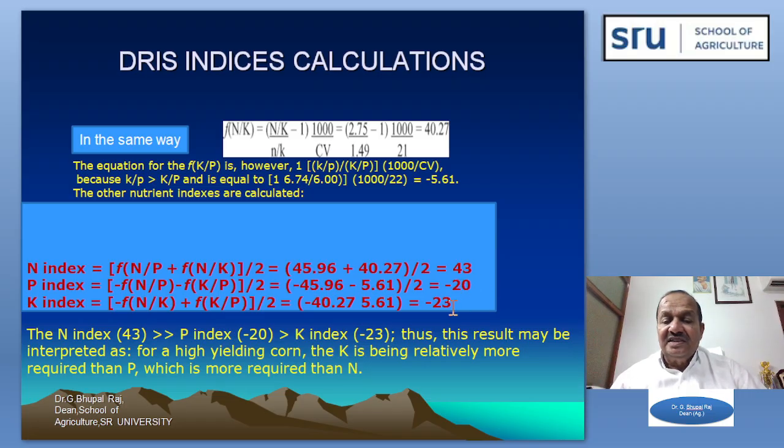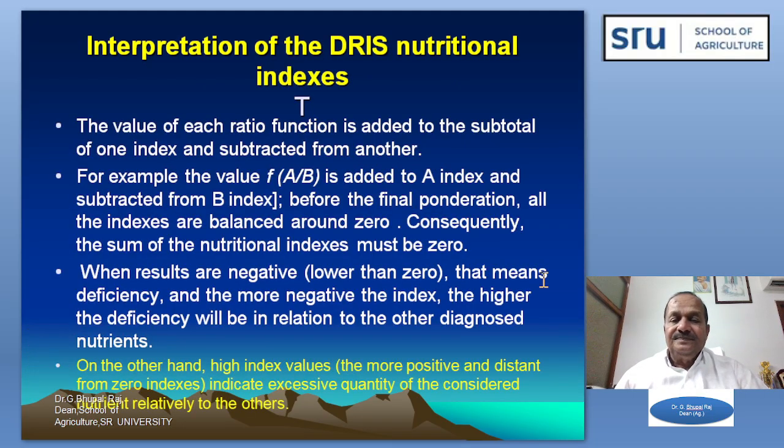Which is the most deficient? The -23 is K, followed by -20, which is phosphorus. So potash is the most deficient element. Of course, potash and phosphorus both are deficient, but comparatively potash is more deficient than phosphorus. So the order of preference of the deficient nutrients also we get from the DRS.